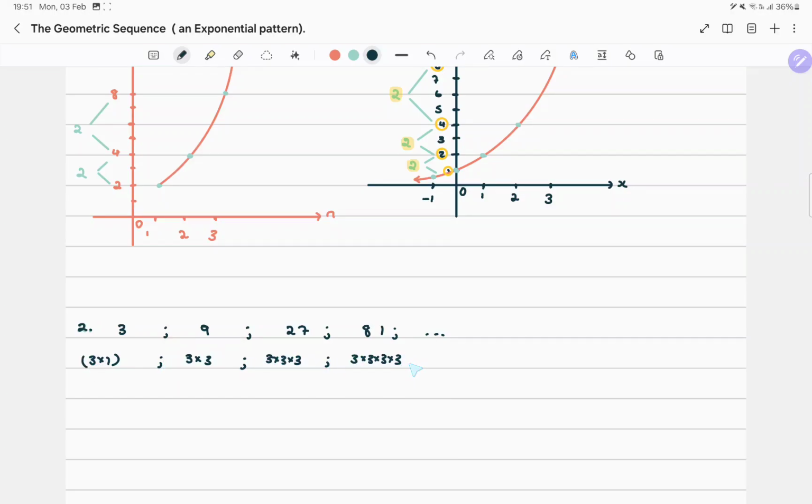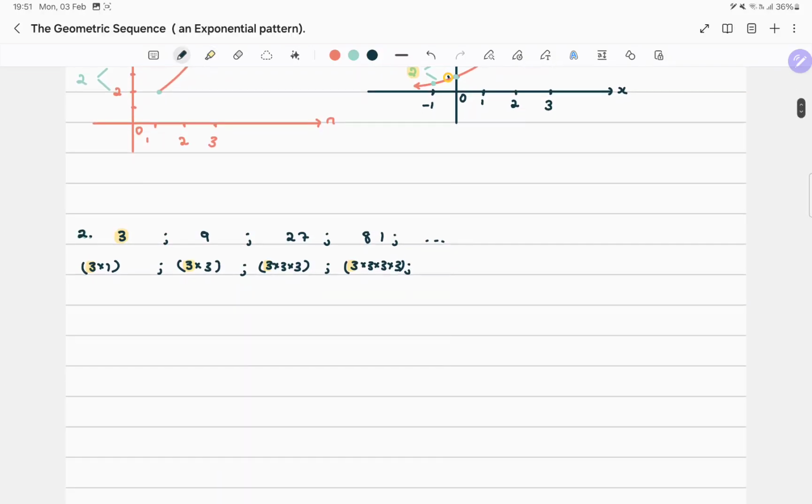Okay, the most important is to try and show it this way, because we can learn a lot this way. Now we want to keep this very 3. The key is we want to keep this 3, the very first 3, like we have above. We kept the very first 2. Now what do we see here? This is the same as 3 times 3 to the 0.